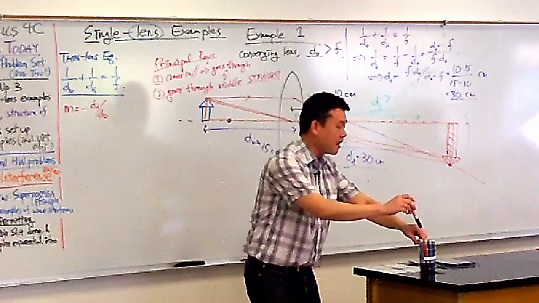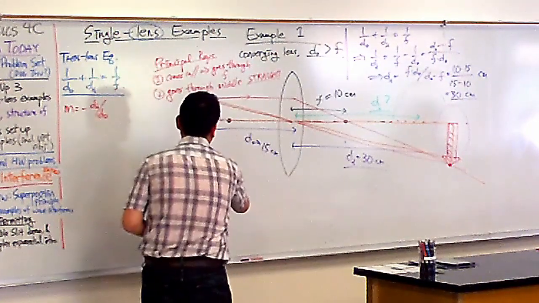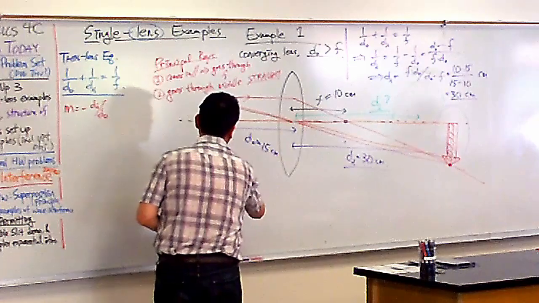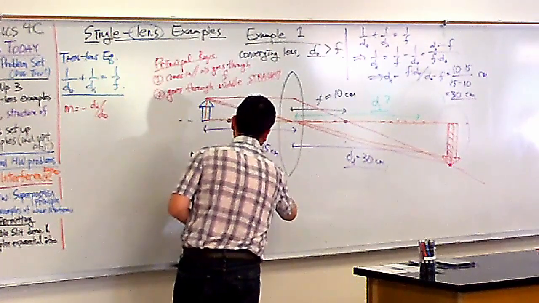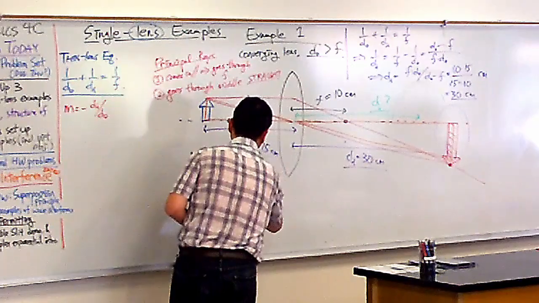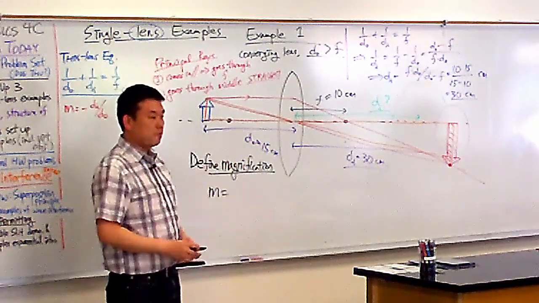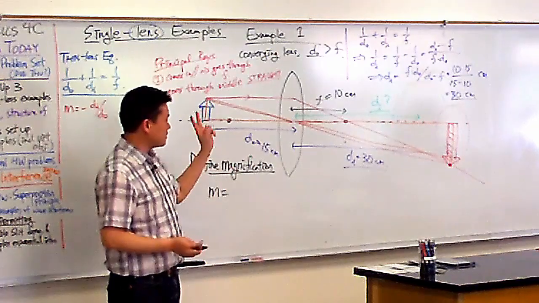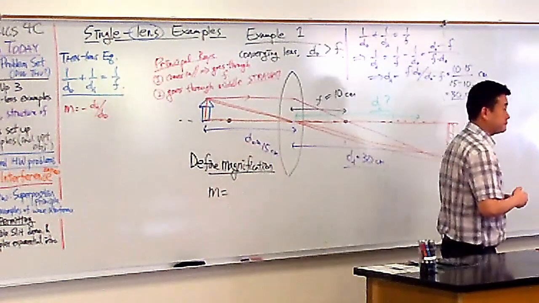So how would you want to define magnification, M? What two things do you have whose size you are concerned with?